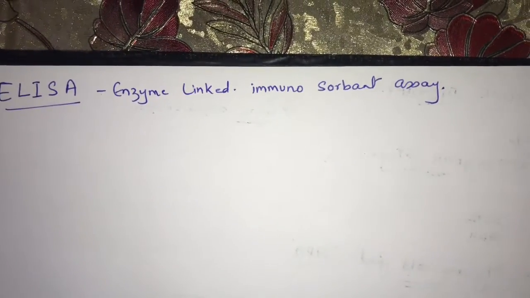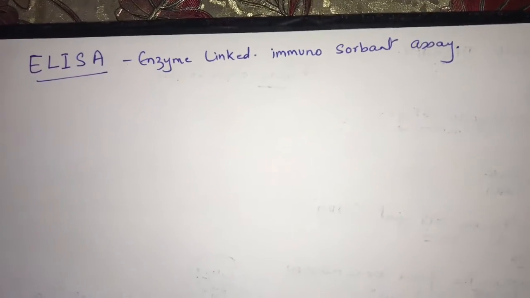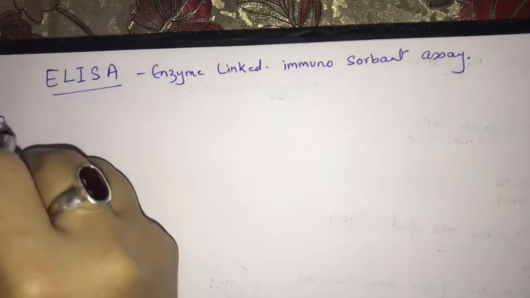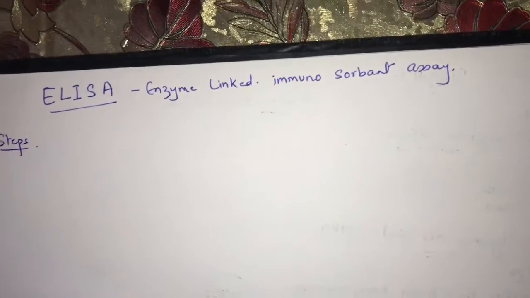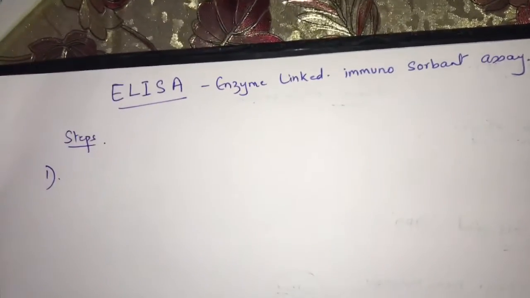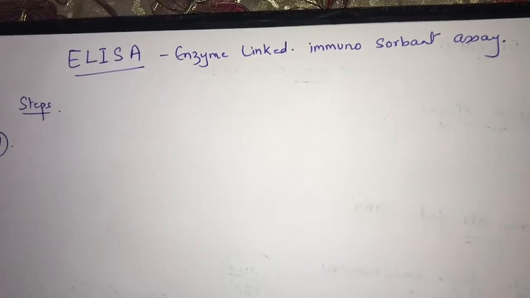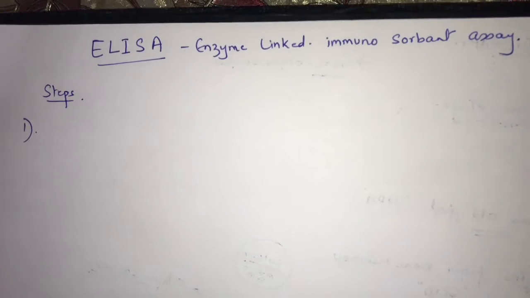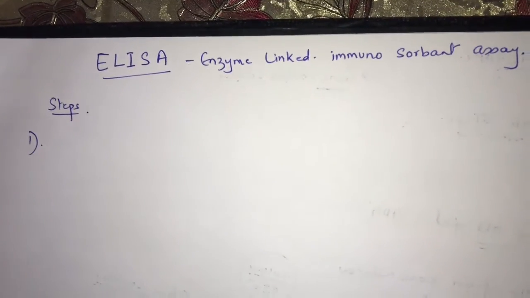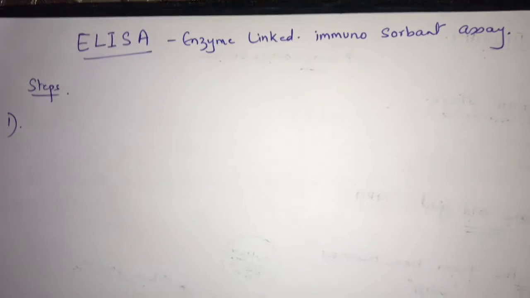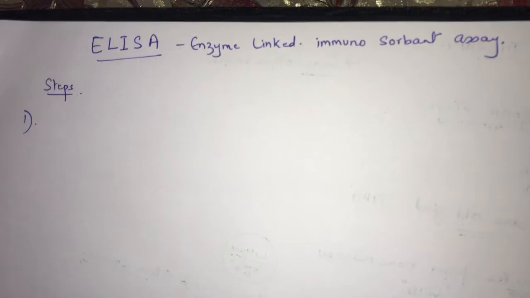Now the steps involved, how this diagnosis is done. Number one, prepare antibodies against a specific antigen. If we are suspecting some person to have a specific disorder, but we are not sure whether he or she is suffering from that particular genetic disorder or not, then we need to prepare antibodies.